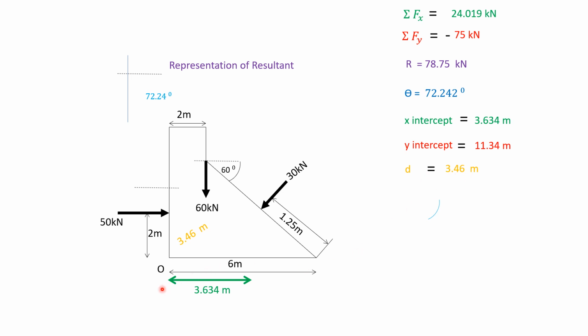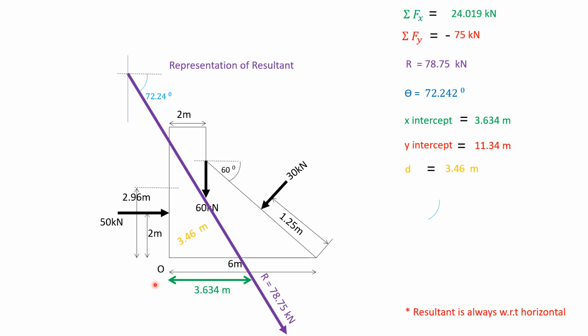So from point O, x-intercept is 3.634 meters and y-intercept is 11.34 meters, and resultant value is 78.75 kilonewtons, making angle of 72.24 degrees to the horizontal, and a perpendicular distance of 3.46 meters.